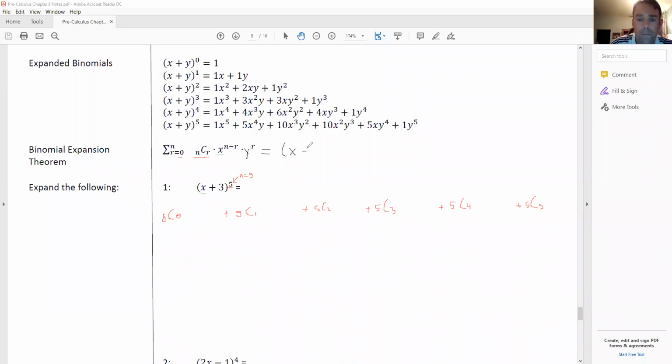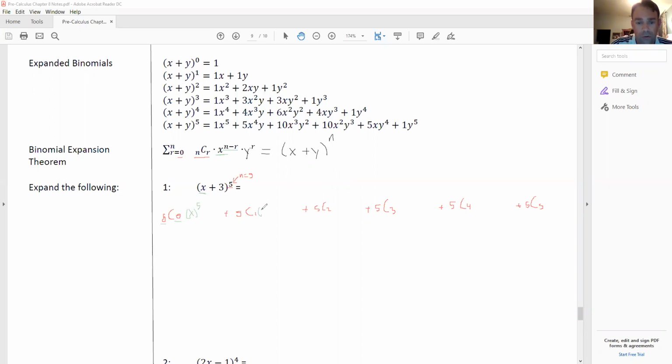So, back to the binomial expansion theorem. We have the green part here, the first term, and notice the exponents are always going to be n minus r. So here's your n and here's your r. The first term, x, 5 minus 0, it's 5.